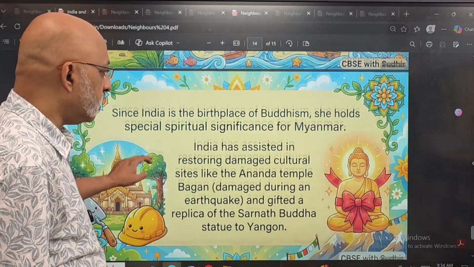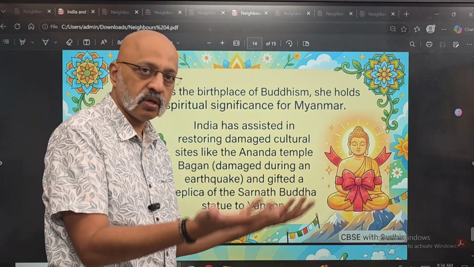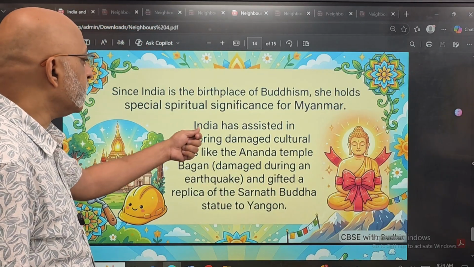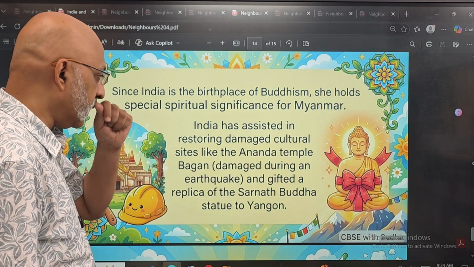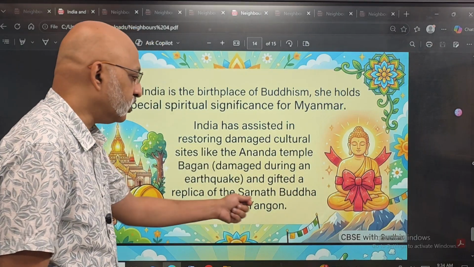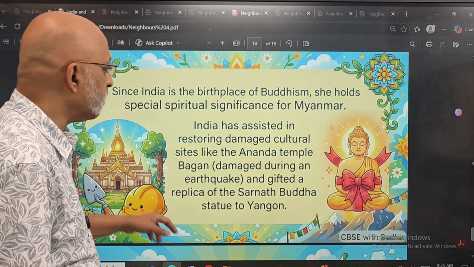Since India is the birthplace of Buddhism, for people in Myanmar, India is very special because India is where Lord Buddha was born. India has assisted in restoring damaged cultural sites like the Ananda temple, which got damaged during an earthquake, and gifted a replica of the Sarnath Buddha statue to Yangon, right? So India has very close ties even with Myanmar.